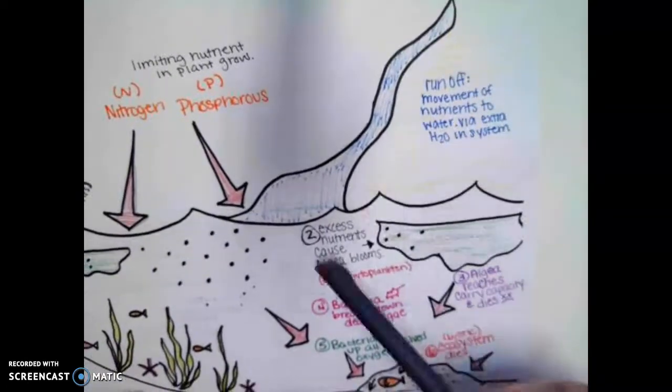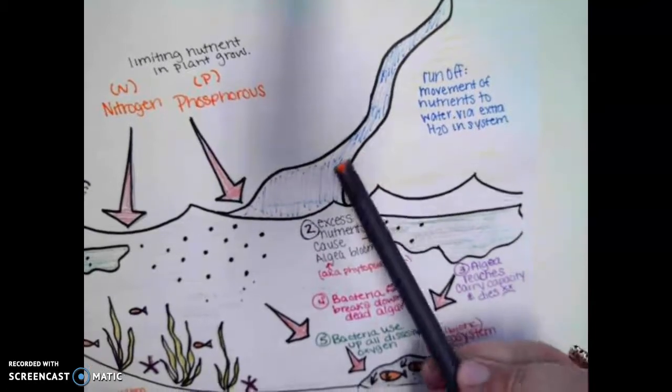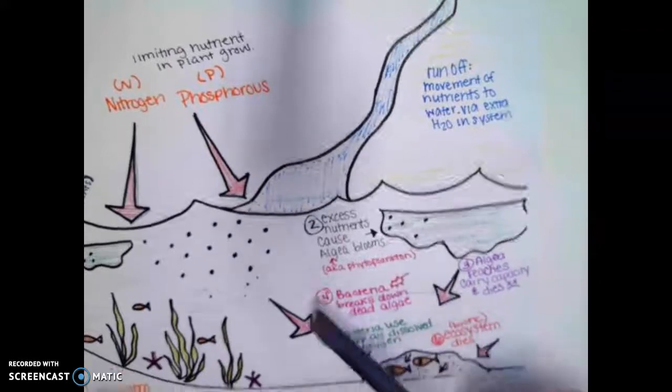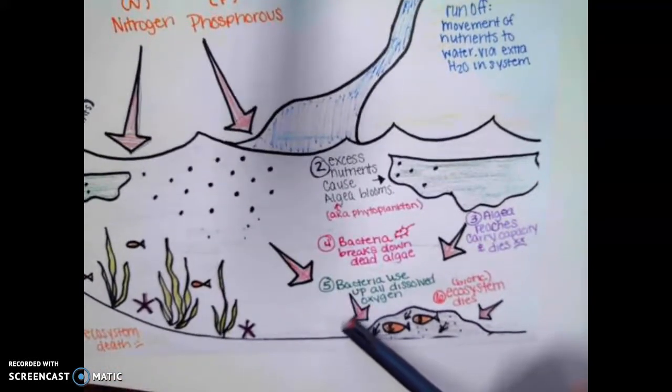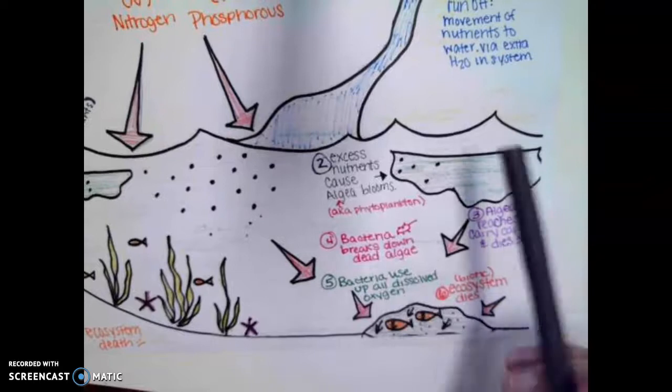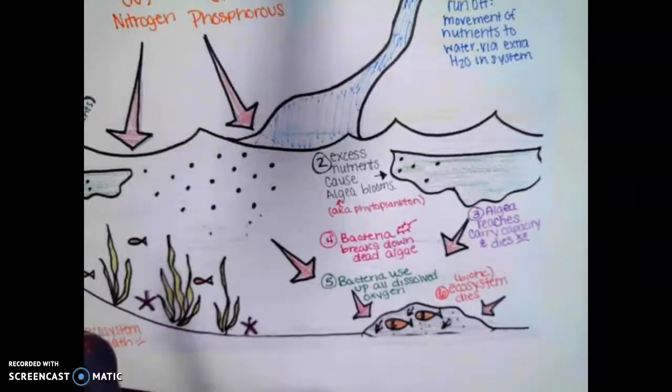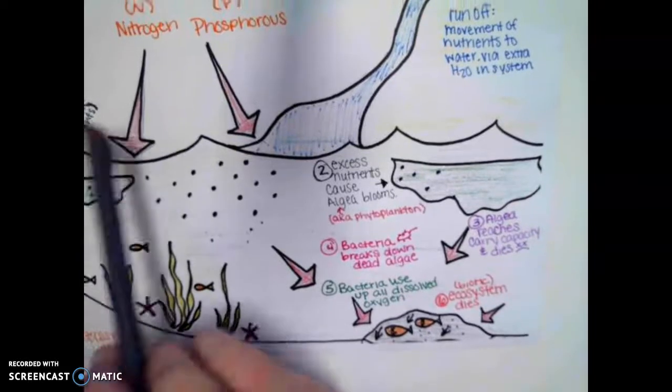It follows gravity and ends up in our rivers and streams, which will eventually end up in an aquatic system. It affects the rivers and streams as well, but it'll eventually all gather wherever that river ends, whether that be the ocean or the lake, because this happens both in marine and freshwater systems.